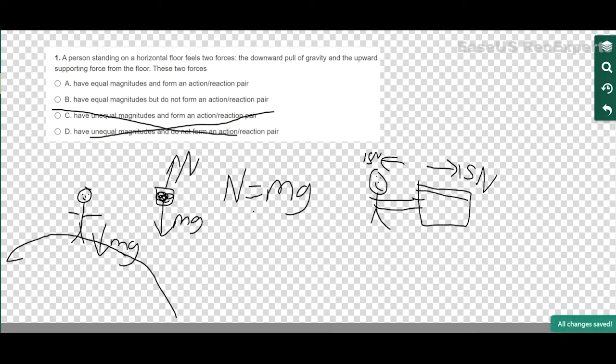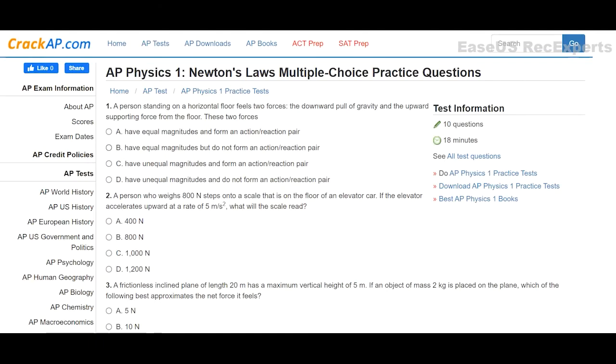Now, the reaction force would not be normal force. It would be the person's pull of gravity on the earth, so mg that way. That would be the reaction force, not normal force. Normal force is something completely different. So they do not form an action-reaction pair. It is B, our answer.